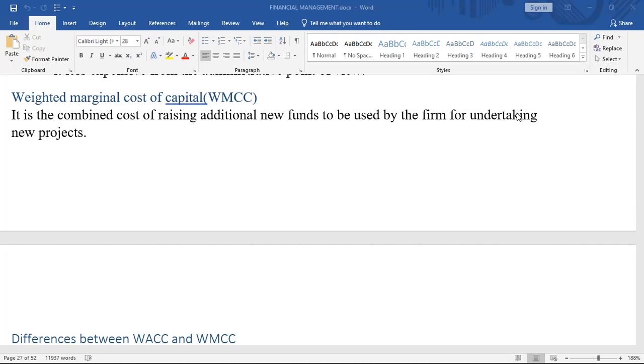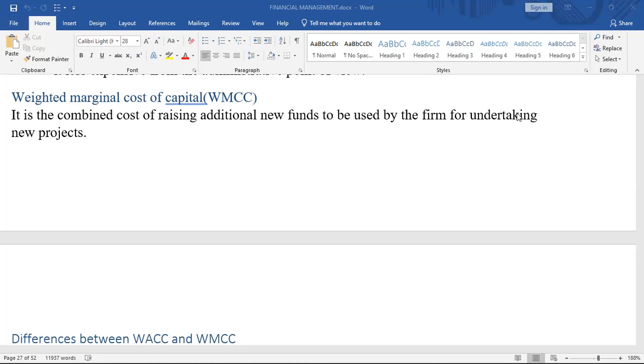Whether you are doing the WACC or WMCC, it means that you have to be using the component costs. These component costs have different formulas, as shown in our first video. When you check the first video, you'll see the interpretation of the component costs, and where we have done some few questions regarding it.